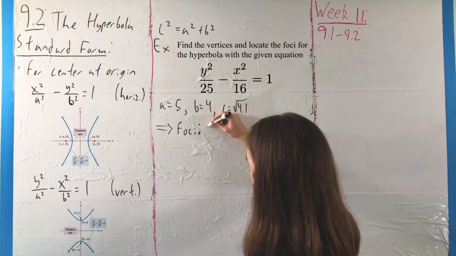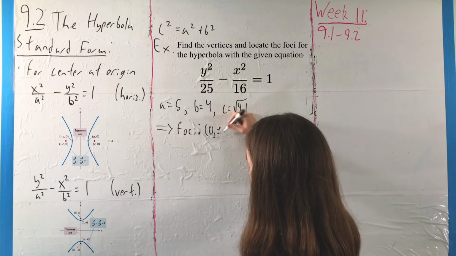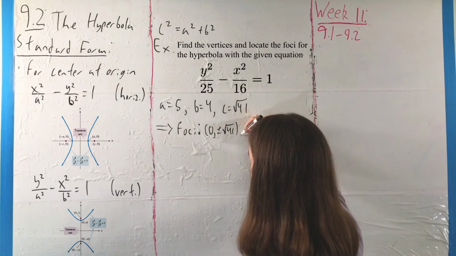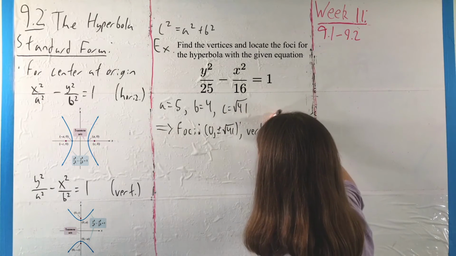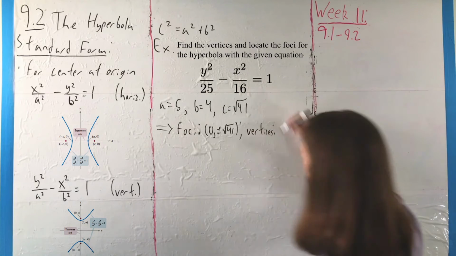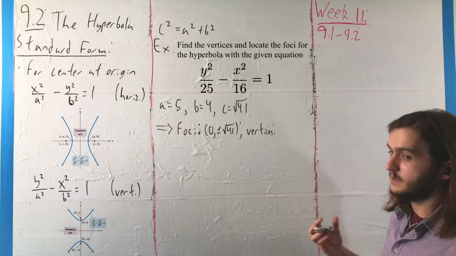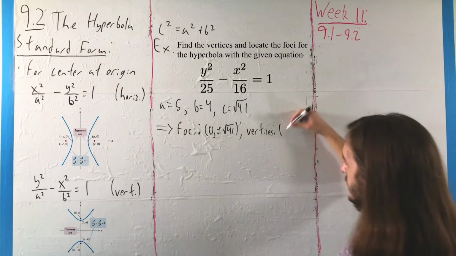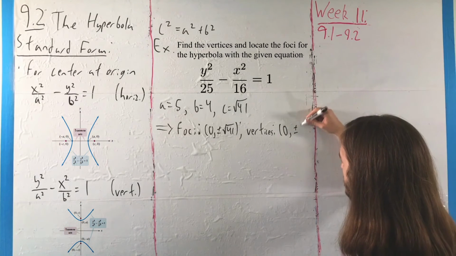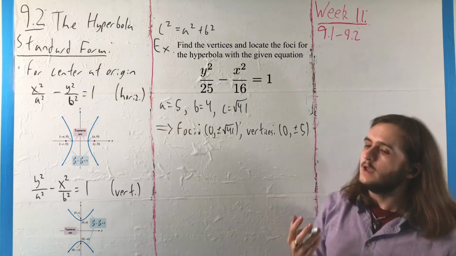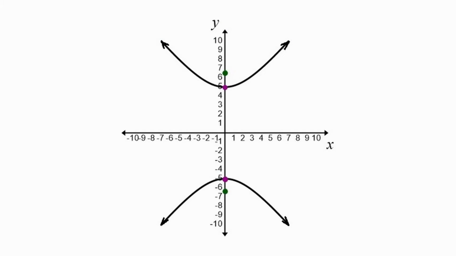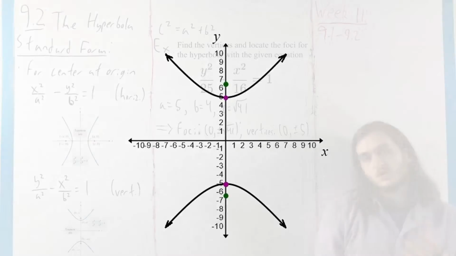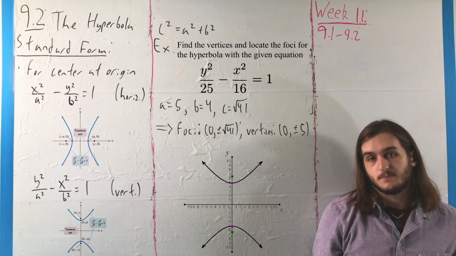They will be at 0, plus or minus root 41 this time, while our vertices will similarly be rearranged vertically and end up at 0, plus or minus 5. So if we wanted to get a picture to understand what this is going to look like, we'd end up with something very similar to what we got last time, just a little bit spun.